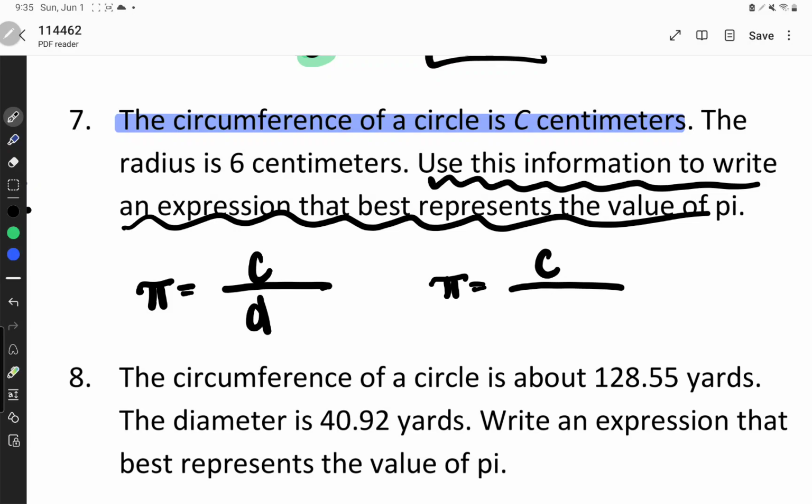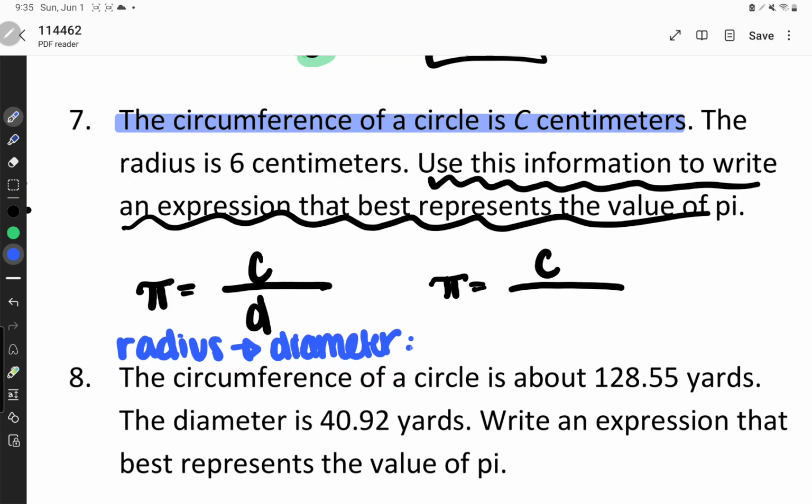Then I'm going to look for where it says diameter. The next thing it says is the radius is 6 centimeters, and then it doesn't tell me anything about the diameter. But I do know something about the relationship between a radius and a diameter. How do I get from a radius to a diameter?